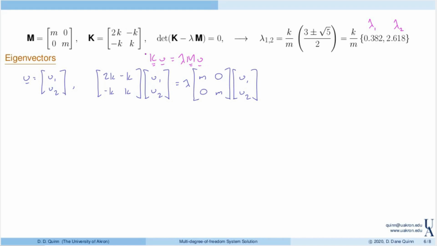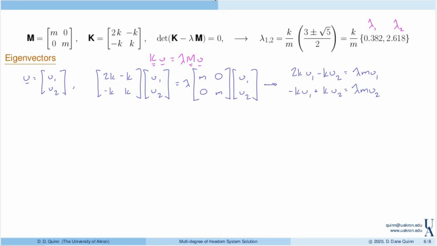So here, let's just go and expand all this out. This gives us two equations. 2k times u1, so this element times that, minus k times u2 equals lambda m u1. And then the second equation is minus k times u1 plus k times u2 equals lambda m u2.